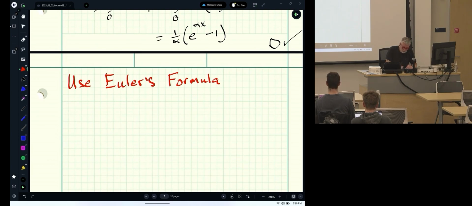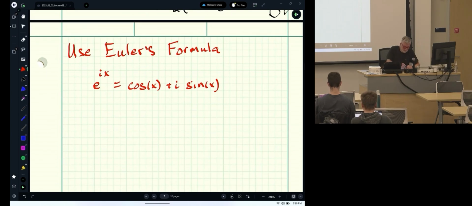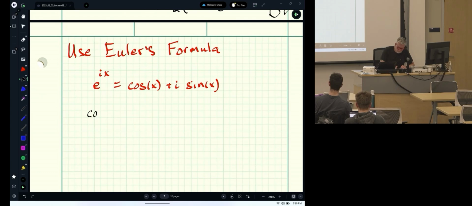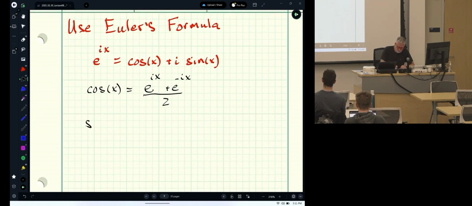Okay, so it says e to the ix equals cosine x plus i times sine of x. Or you can derive formulas for the cosine and the sine easily from the above.